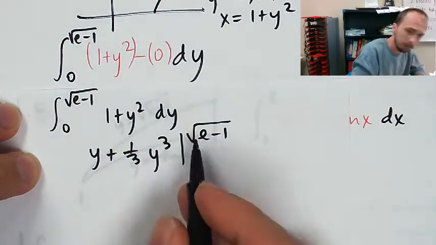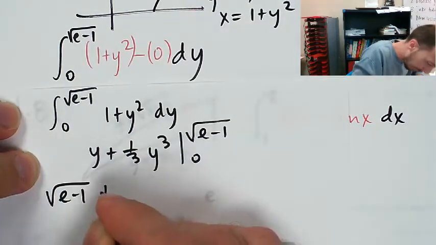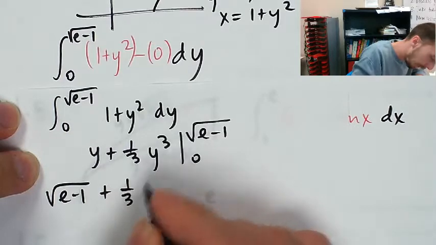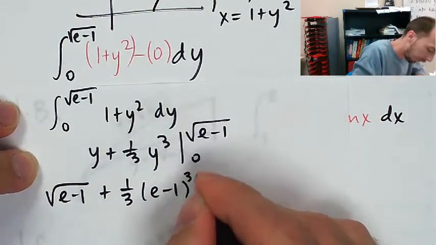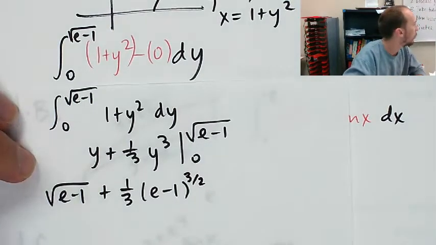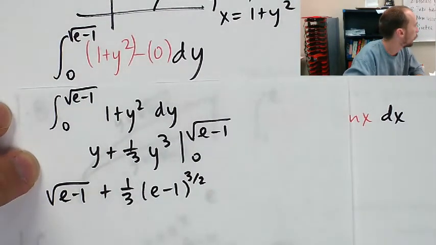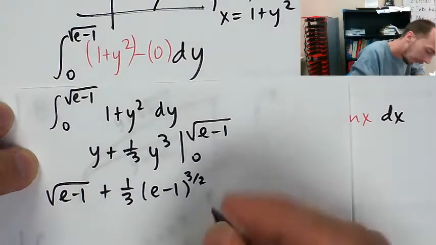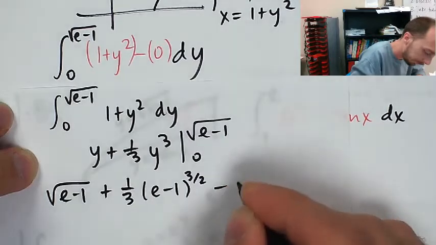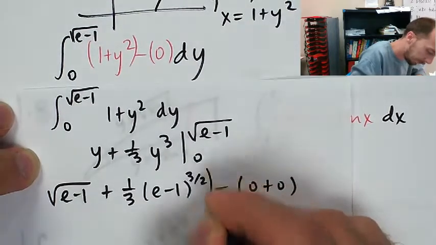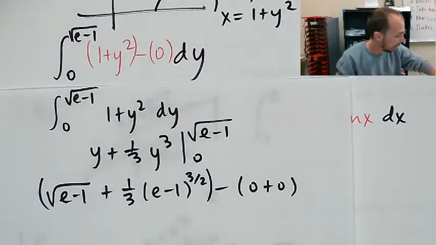Okay, I'm going to just plug in that square root of e minus 1, plus 1/3 of e minus 1, that's the half power taken to the 3, that's the 3/2 power. I'm sure we could factor out that square root, but why would you? Minus 0 plus 0. And that's going to be the exact value of the area of region A.